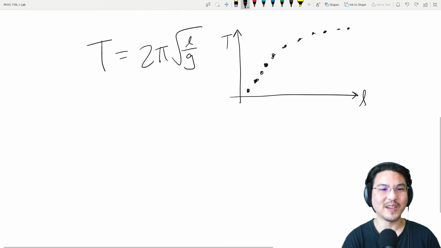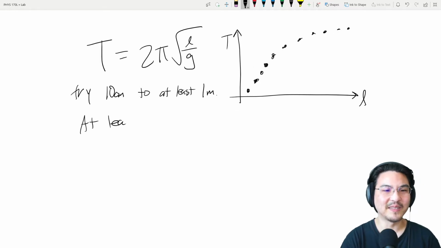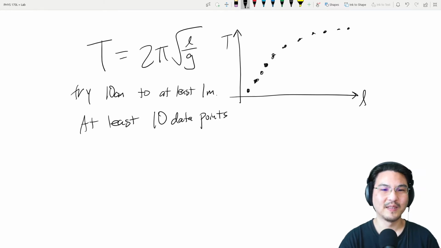Okay, so let's say try to aim for 10 centimeters to at least 1 meter. And then you want to have enough data points. So let's say at least 10 data points. At least.